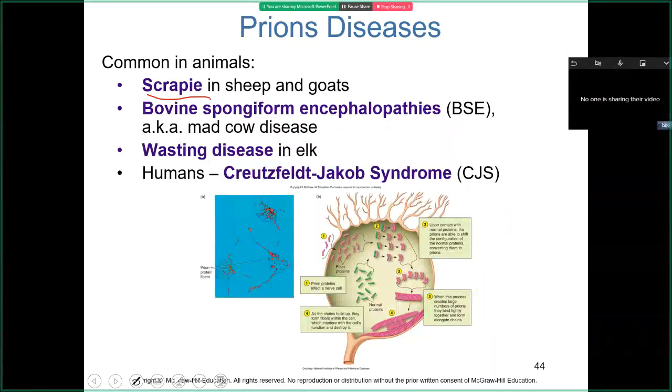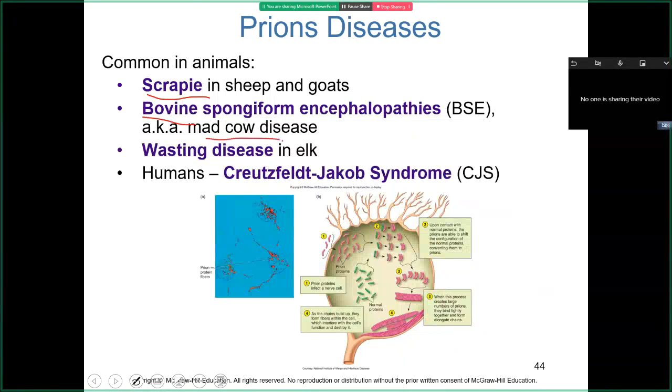And then in cattle, we have the bovine spongiform encephalopathies. There's at least one of those, and possibly others, that infect preferentially the cattle. Bovines are cattle. They would include domestic cows, but also bison, wild forms of bovines.